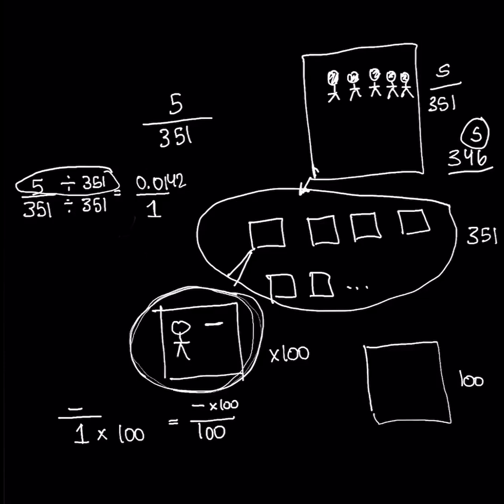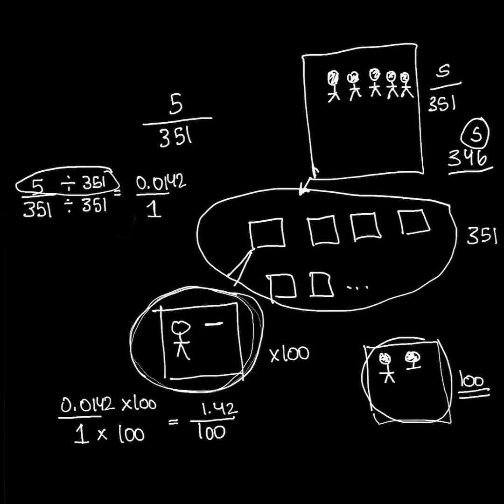0.0142. Okay, with some trailing decimals, but it's okay. We can just use 3 numbers. It's fine. Okay, so we had 0.0142, and we have to multiply that by 100, and what that equals is 1.42. Okay, so in this group of 100 people that we have, 1.42 sick people.